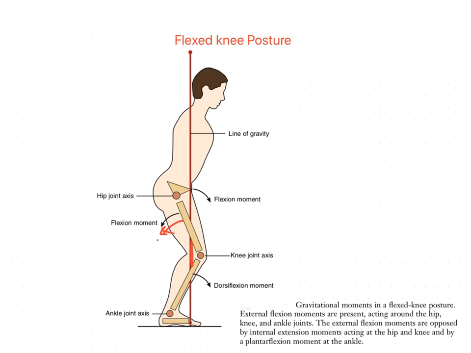Okay, so here the flexion moment at the knees is created, and this has to be balanced by the activity of the quadriceps muscles to maintain the erect posture.